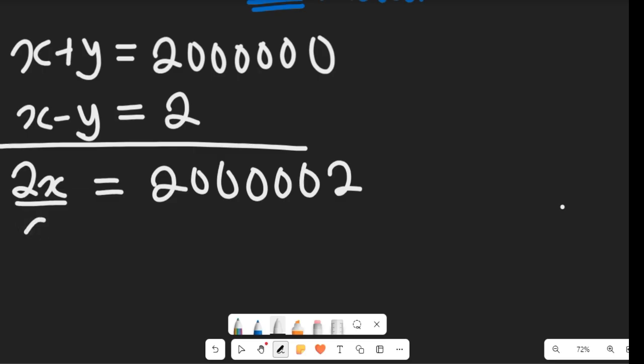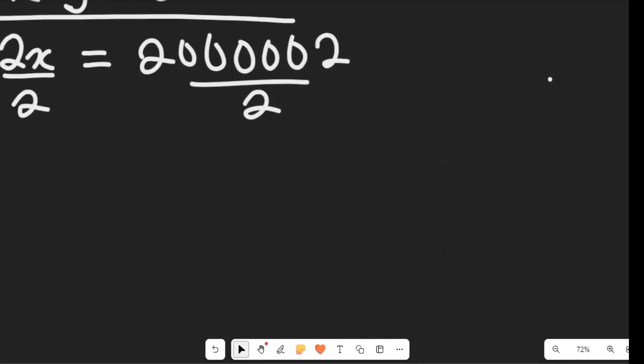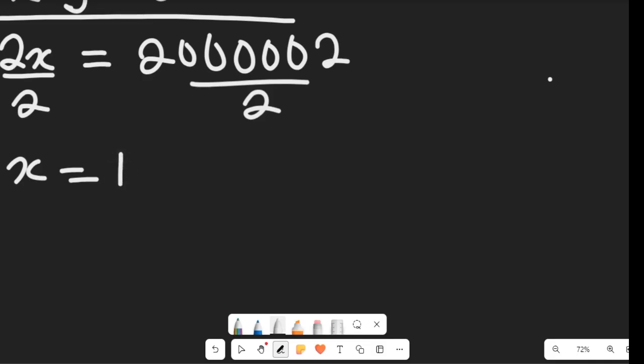If I divide both sides by 2, I'm going to have x equal to 1,000,001, right?